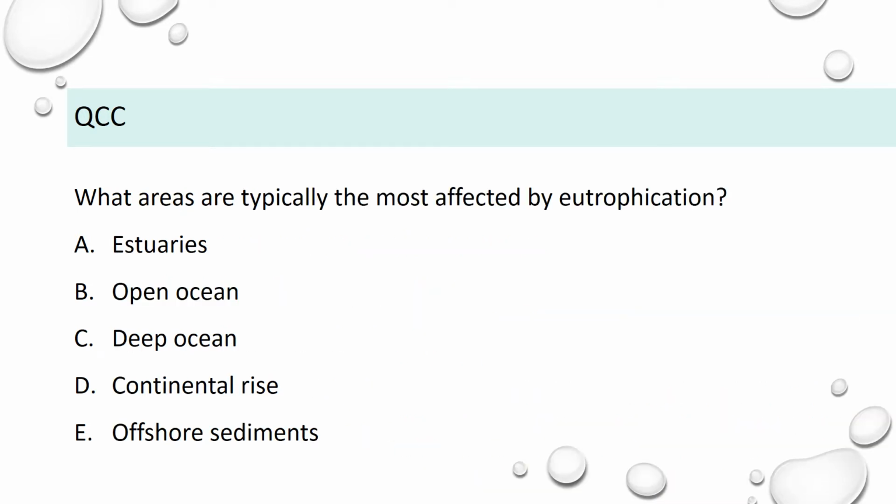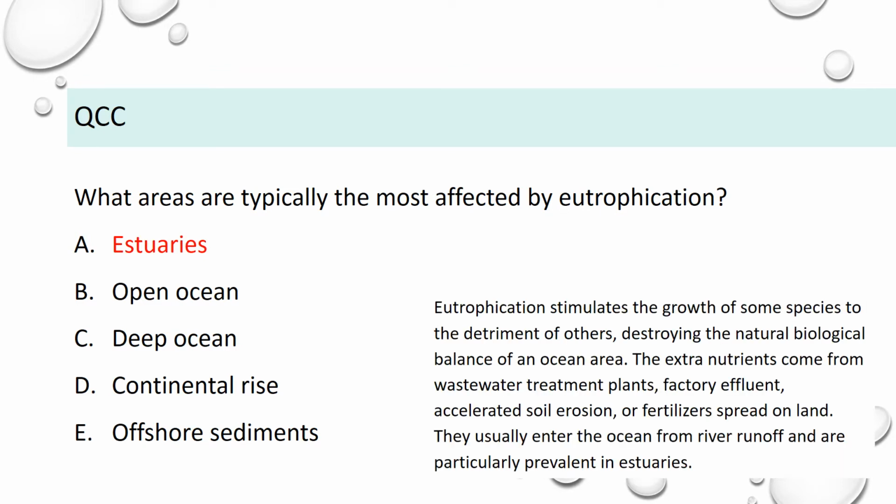What areas are typically the most affected by eutrophication? If you answered A, estuaries, you answered the question correctly.